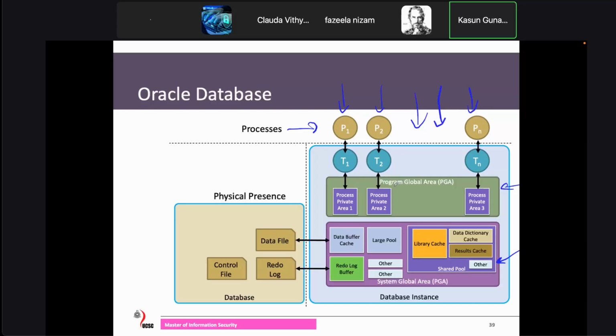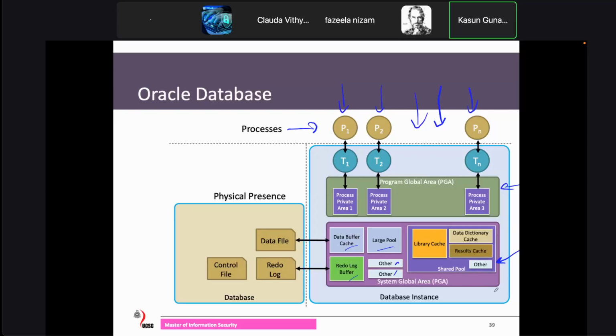So it includes buffer cache and other components like given here. This is data buffer cache, redo log buffer, large pool, and some other components. And there is a shared pool, right? So all this processing related data and its related information is in this system global area.